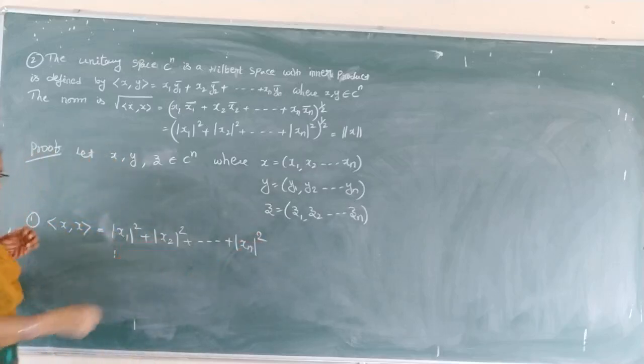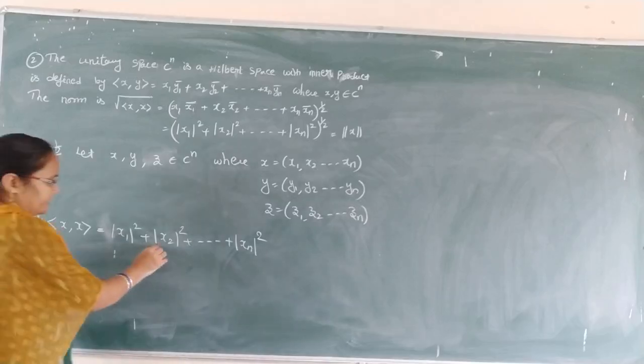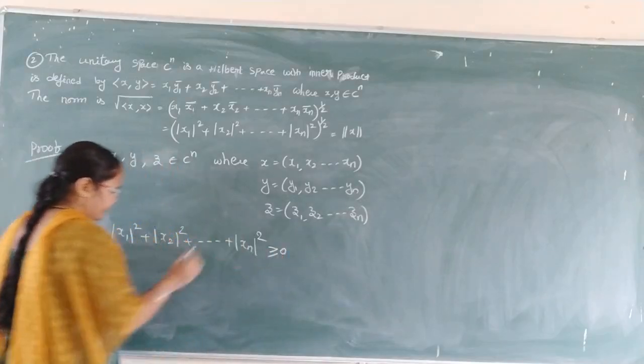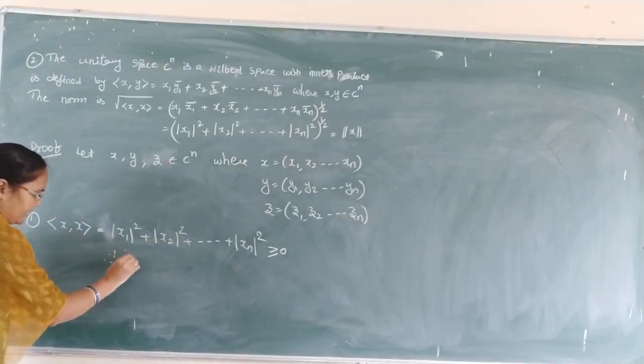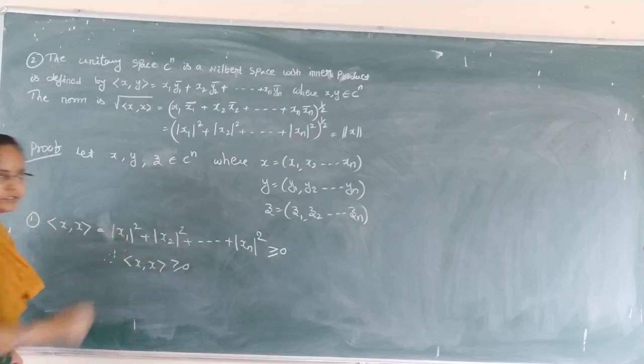Every term has the square of the modulus, so all these terms are clearly non-negative, so this entire thing is greater than or equal to 0. Therefore, the inner product of x comma x is greater than or equal to 0.